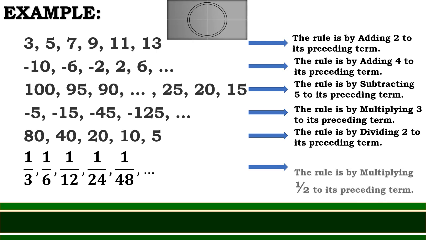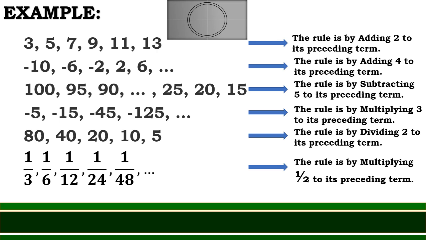Okay, the rule here is by multiplying 1/2 to its preceding term. Let us try to check. 1/3 times 1/2. So in multiplication of fractions, the only thing you need is the parallel: numerator to numerator and denominator to denominator. So 1 times 1 will give you 1, 3 times 2 will give you 6, so on and so forth.